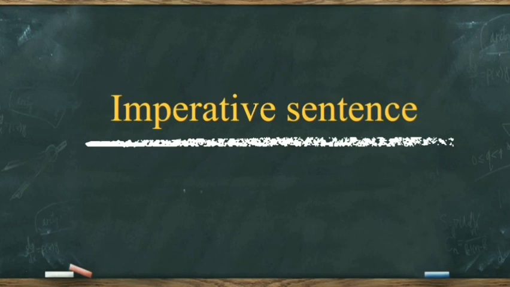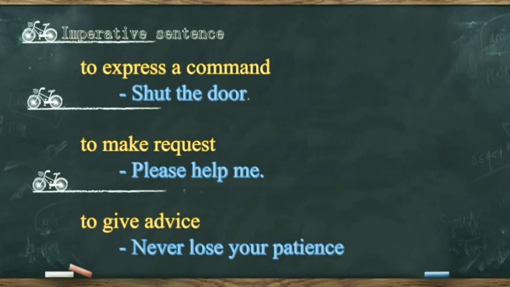Now we are going to see imperative sentences. The sentences which we use to make a command, request or advice are called imperative sentences. Look at this now. Shut the door. It's a command, right? We order someone to shut the door. Next one, please help me. We are requesting someone to help us.